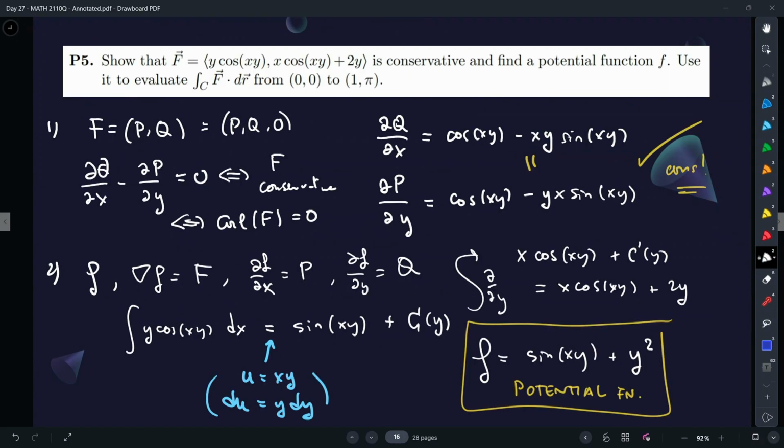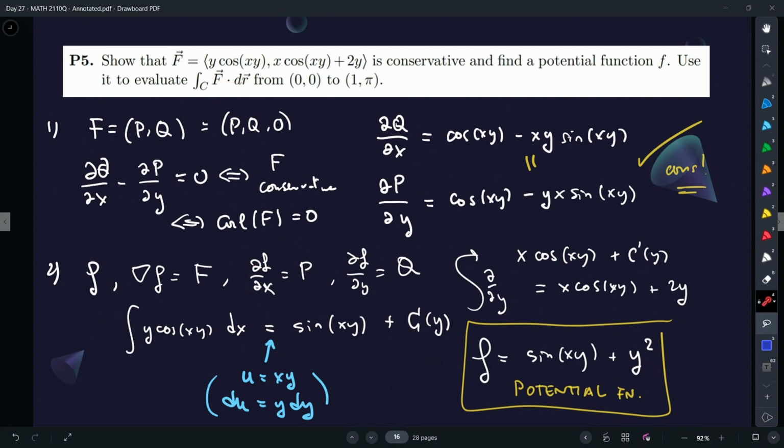So the question is, if I have a vector field that has a z coordinate, then how do I find a potential function? You would go in the same way. You would take the first coordinate, which is supposed to be the derivative of whatever little f is with respect to x.